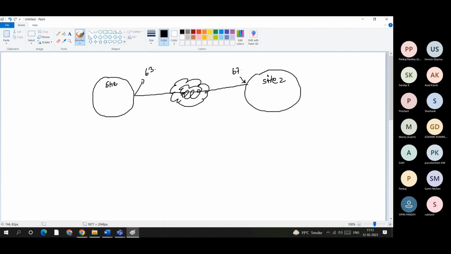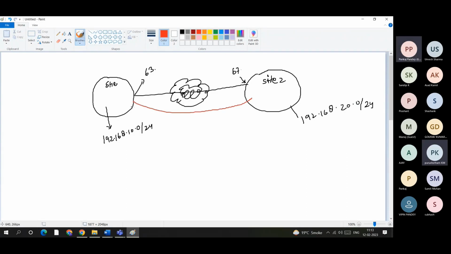Yes or no? Yes. Now, without proper technology and configuration, you cannot share the private subnet, for example 192.168.10.0/24 here and 192.168.20.0/24 there, over the internet. What options do you have?